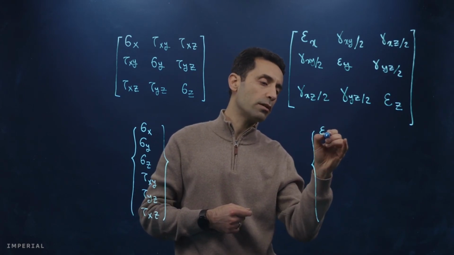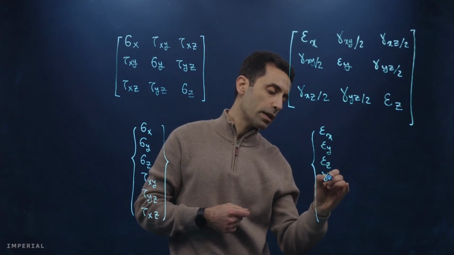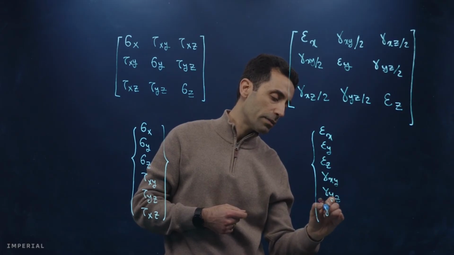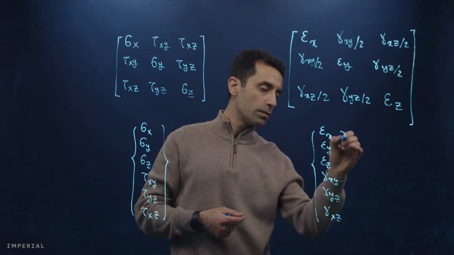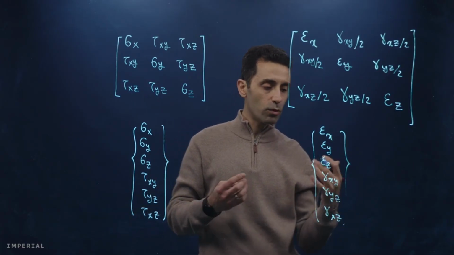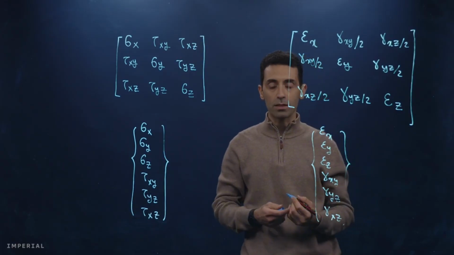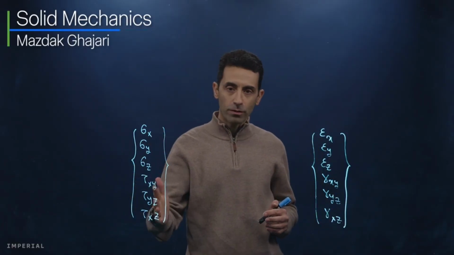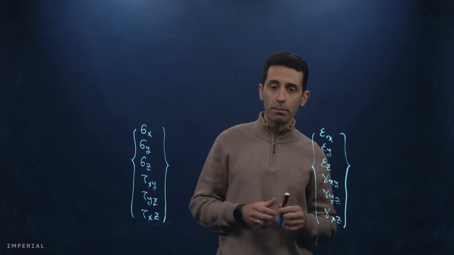So here we have epsilon x, epsilon y, epsilon z, gamma xy, gamma yz, and gamma xz. So you see we have a corresponding vector of strains, and here we have the vector of stresses, 6 independent components, and the vector of strains, 6 independent components.